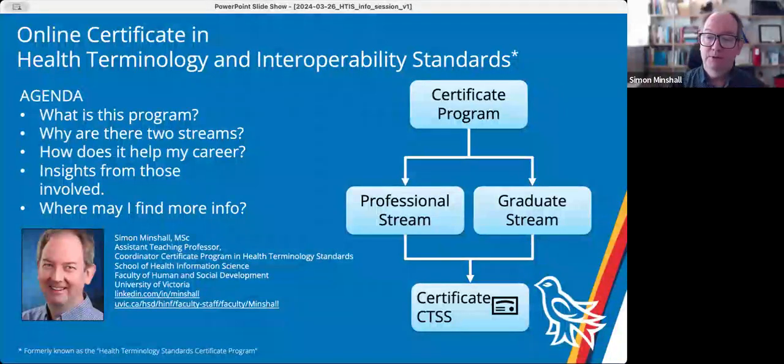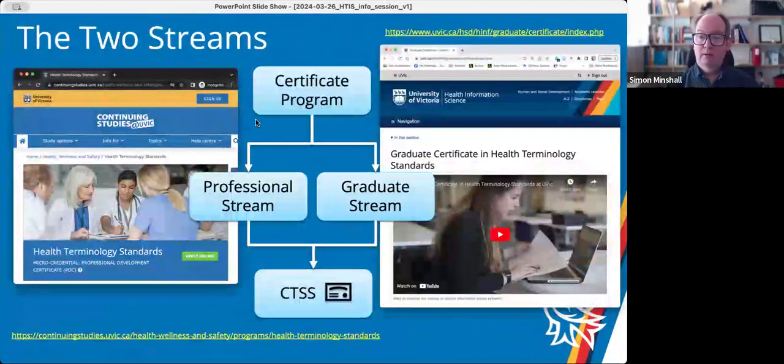Students who graduate from the certificate program will be eligible to apply for the Certified Terminology Standards Specialist Credential. This is called the CTSS, and it's issued by the Canadian College of Health Information Management, or the CCHIM, which is part of CHIMA, the Canadian Healthcare Information Management Association.